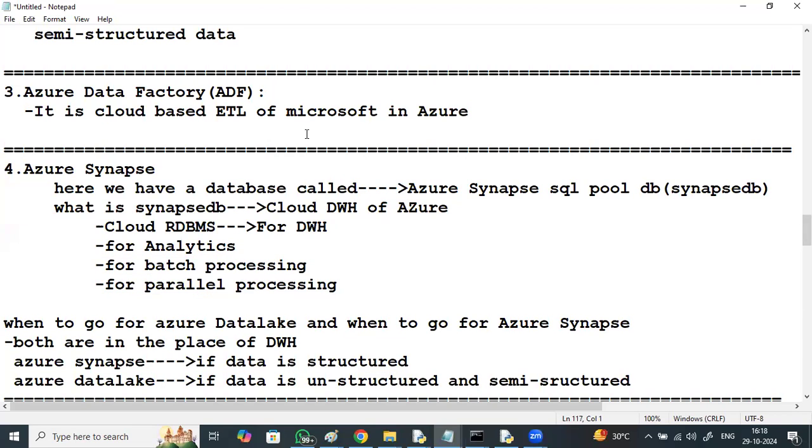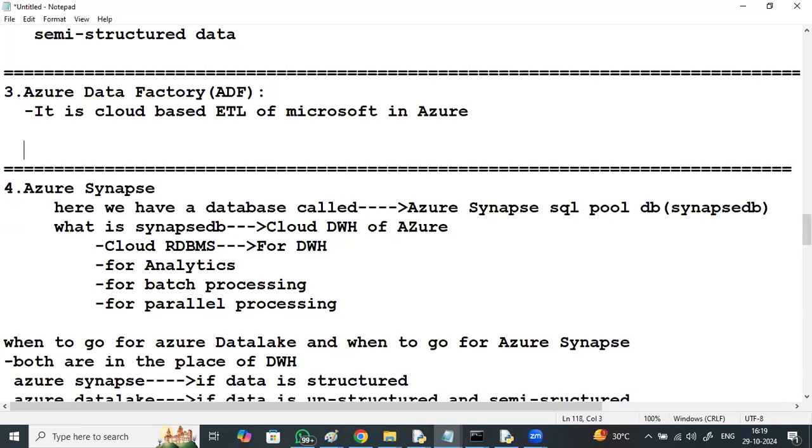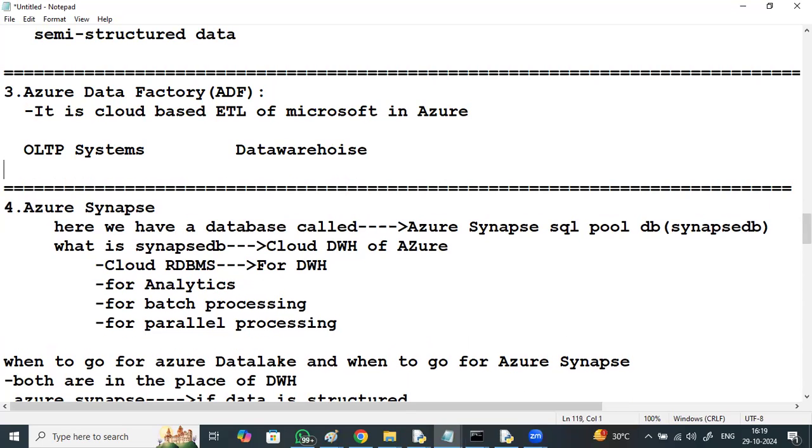Azure Data Factory. If you are taking OLTP systems at one side, and data warehouse at the other side, what are the things which come in OLTP?